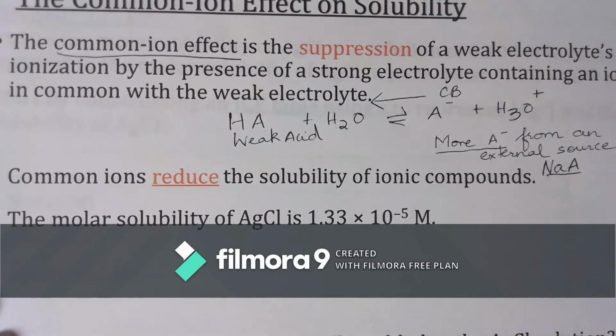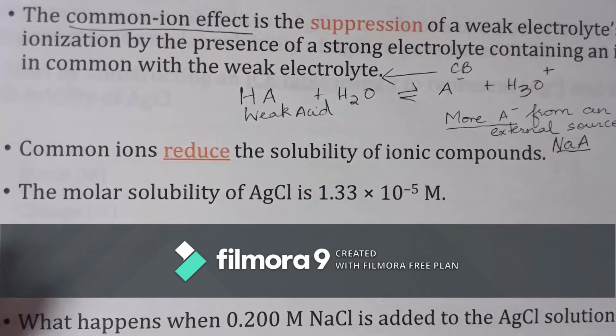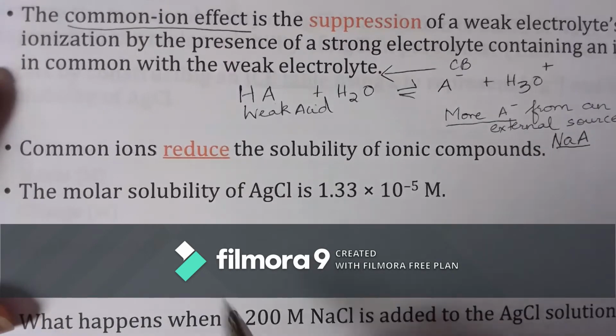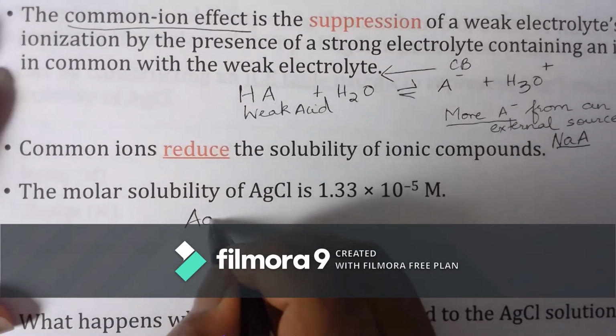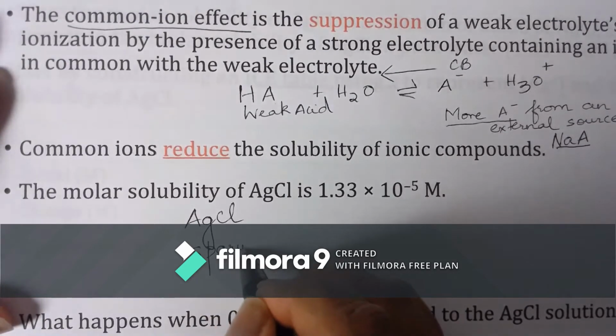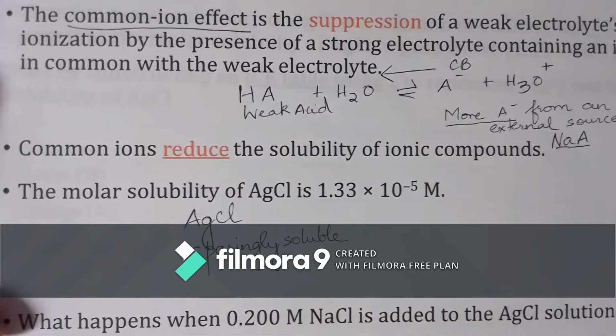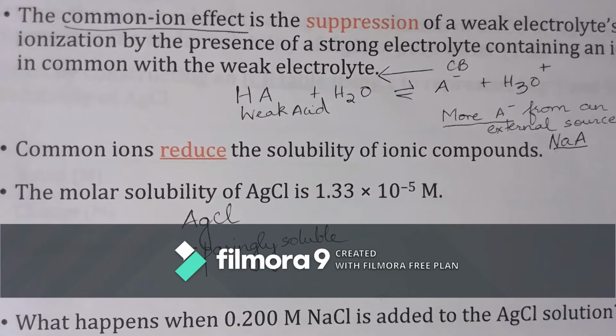Now here we are going to talk not about a weak acid or a weak base, but still a weak electrolyte. AgCl, if you look in your solubility chart, this is considered to be sparingly soluble, or your solubility chart will say that it's insoluble.